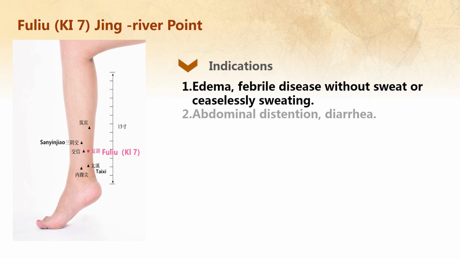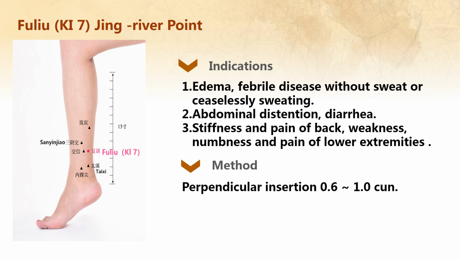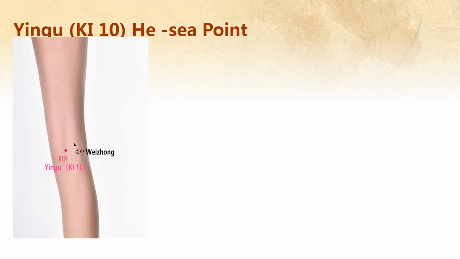The acupoint can cure edema, febrile disease without sweat or ceaselessly sweating, abdominal distension, diarrhea, stiffness and pain of back, weakness, numbness and pain of lower extremities. The operation method of this acupoint is perpendicular insertion 0.6 to 1 寸.